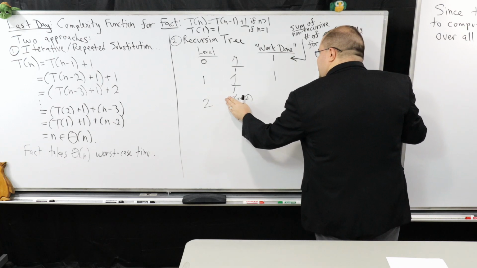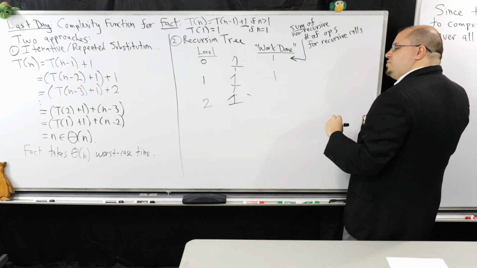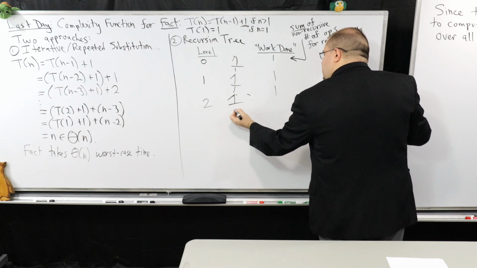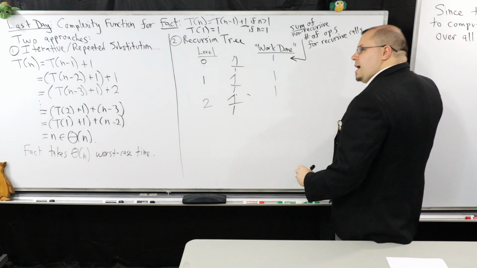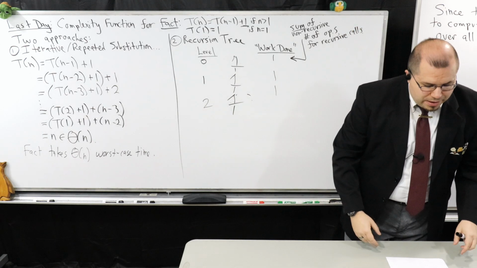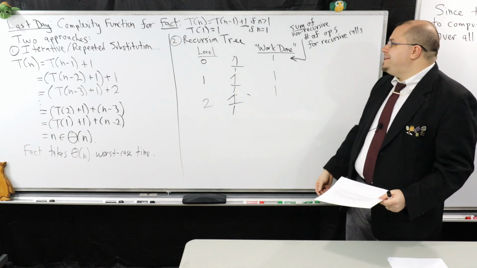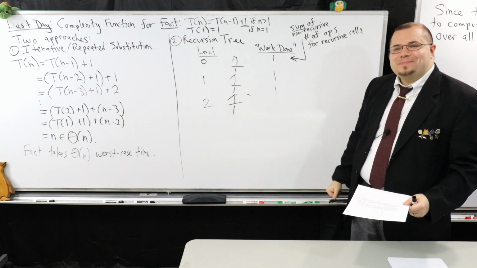So I keep repeatedly doing this. The non-recursive work that happens right here is 1. That means the total amount of work that's going to happen at this level is 1. And then another recursive call happens. This process will continue until I reach n equal to what? Can somebody tell me? When am I going to stop doing this?